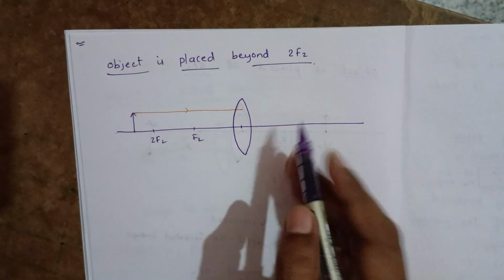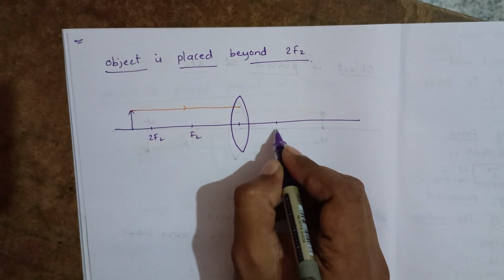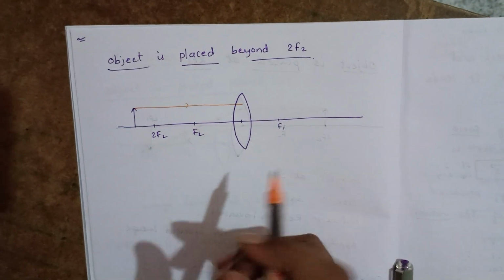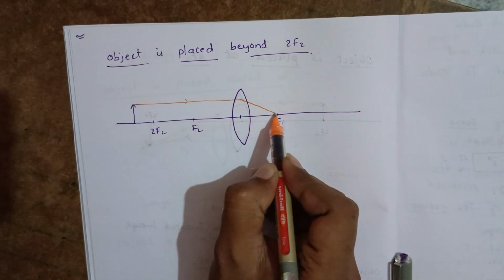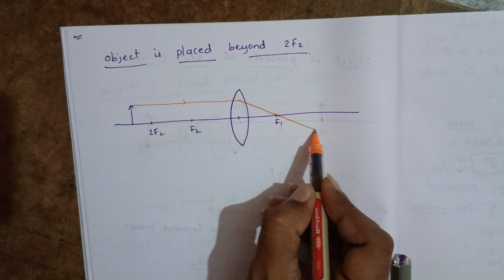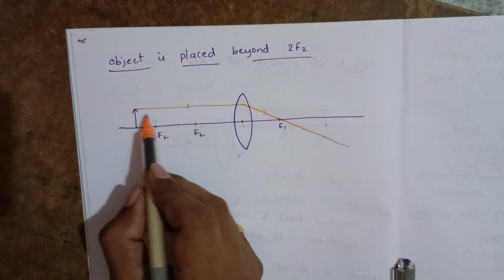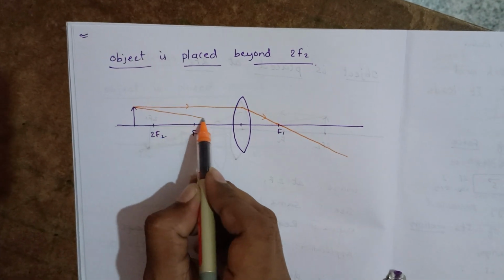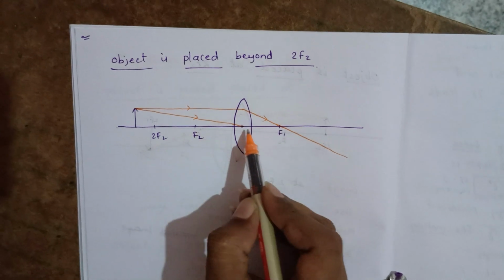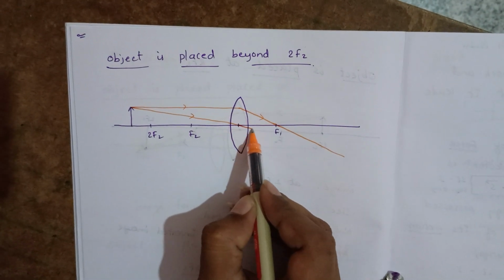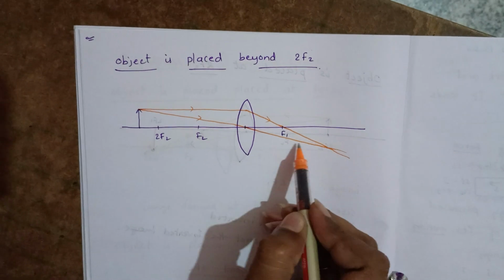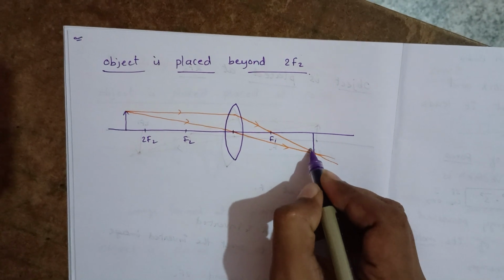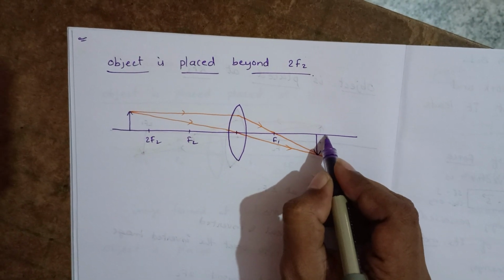The ray which is passing parallel to the principal axis, after refraction, passes through focus. Now another ray I am taking passes through optic center. The ray which is passing through optic center, after refraction travels without any deviation. So here the image is formed.